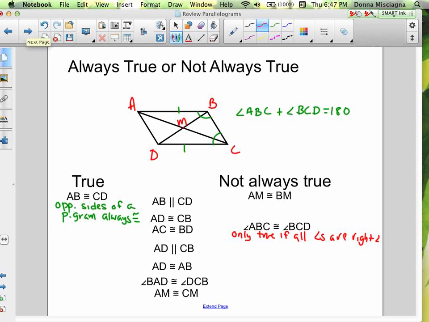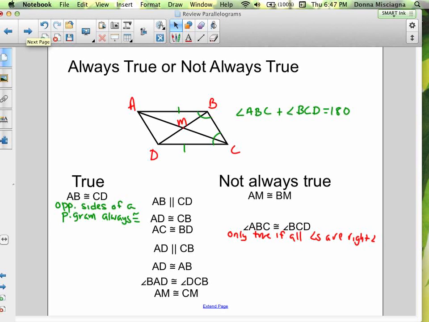But otherwise, not true. Couldn't get my S in there. Guess that's too far over. All right, we don't need this. All right, let's look at the next one. AB parallel to CD.